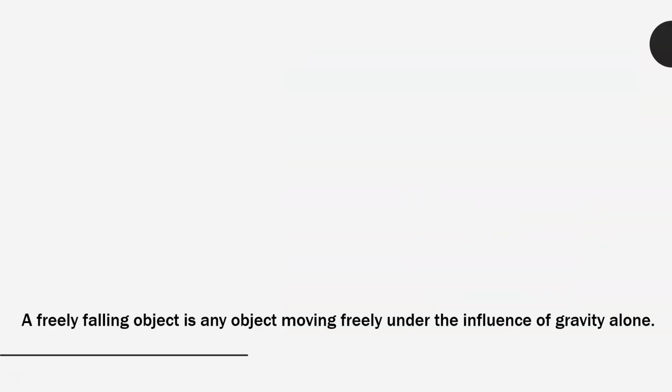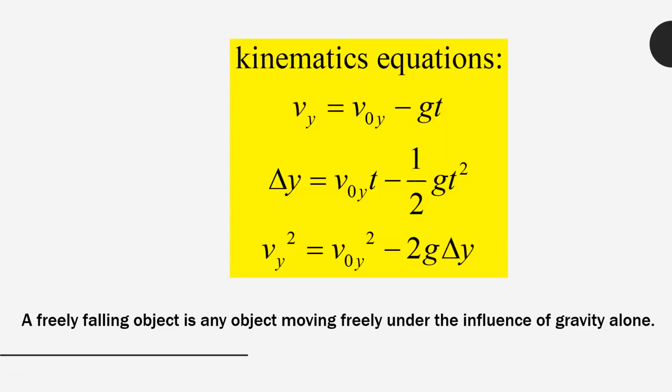So if we neglect air resistance and assume that the free fall acceleration doesn't vary with altitude over a short vertical distance, then the motion of a freely falling object is the same as motion in one dimension under constant acceleration. This means that we can use our kinematic equations.